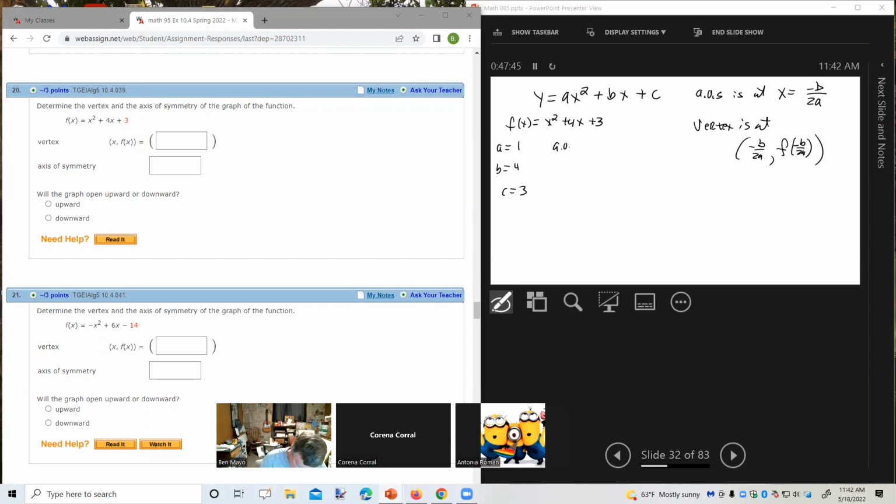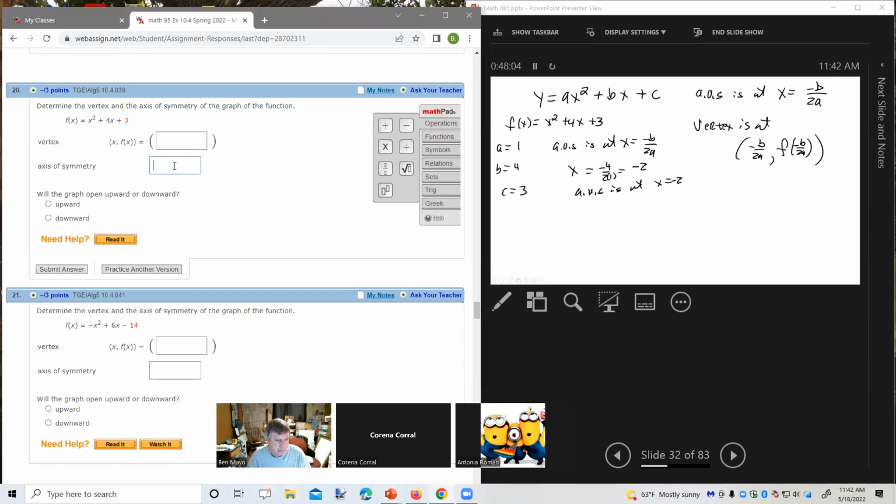So the axis of symmetry is at x equals negative b over 2a, which is negative 4 over 2 times 1, which is negative 2. So the axis of symmetry is at x equals negative 2. Okay? Any questions about that?